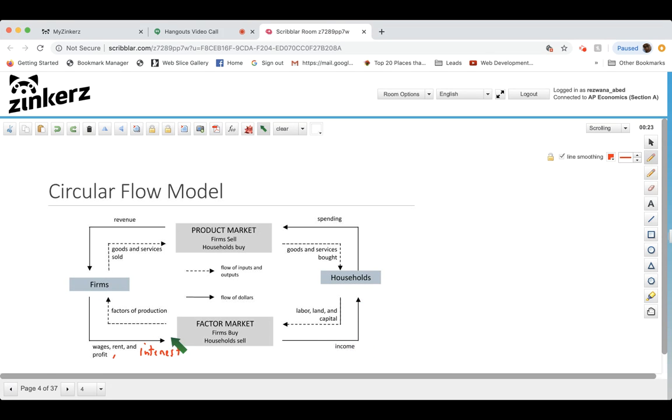So when farms make factor payments, they become income to households. And this is the income that the households then spend in the product market to buy those goods and services. And that money that they spend then becomes the revenues that farms earn from selling those goods and services. So they're all interconnected and interrelated with each other. You wouldn't have one without the other.